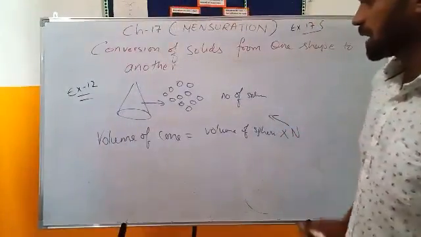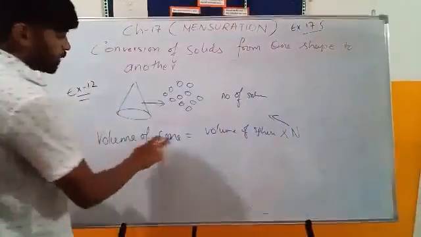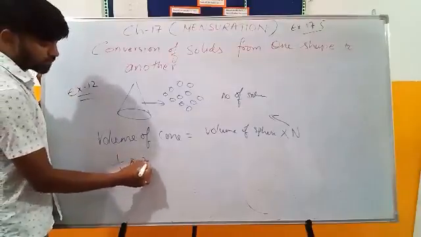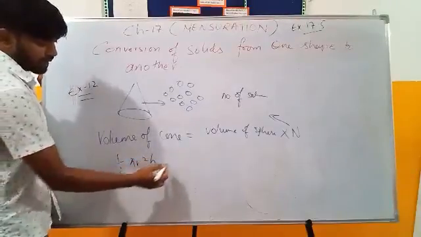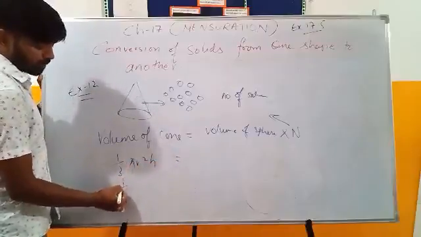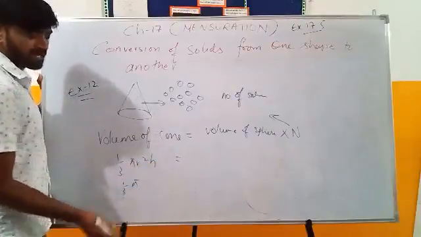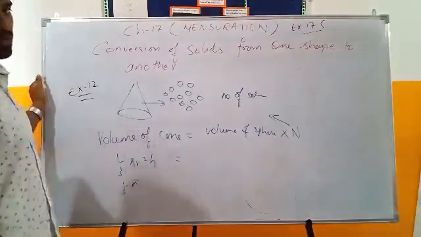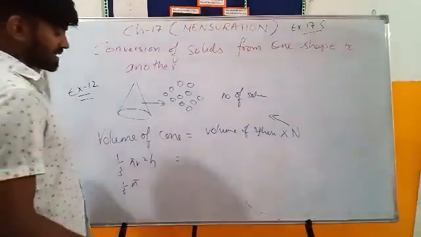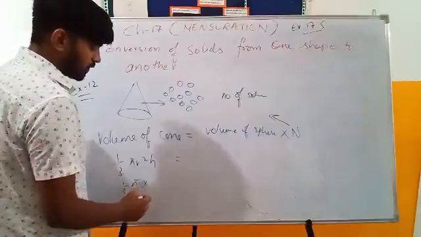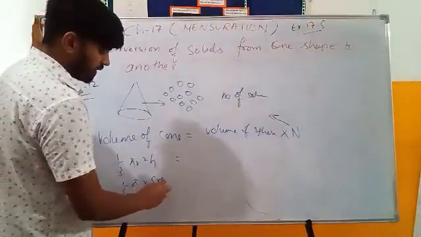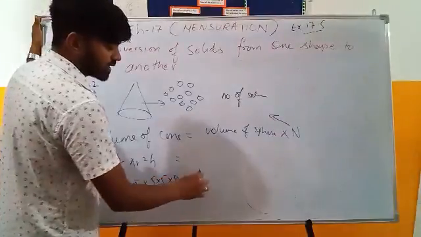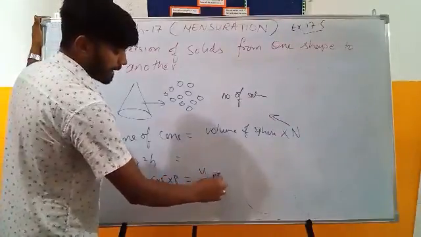So volume of cone equals 1 upon 3 pi r square h. I'm writing 1 upon 3 pi as it is. If you want to solve this question simply, you don't have to put the pi value, just cancel them at the end. Into r, which is 5, into 5 into 8, height was 8, equals volume of a sphere, which is 4 upon 3 pi r cube.